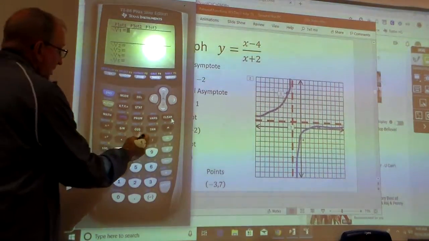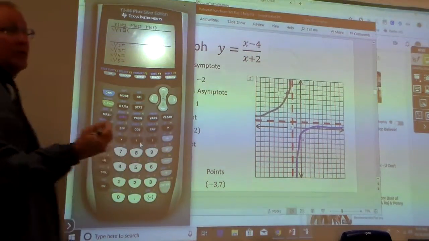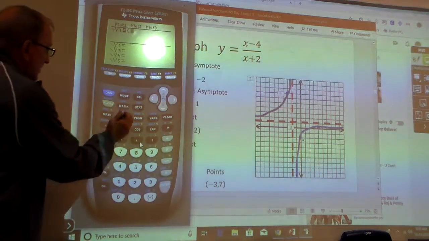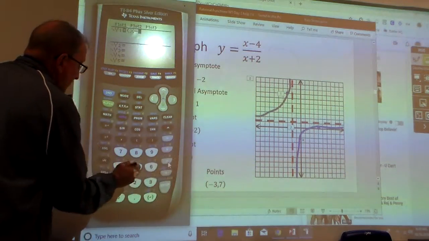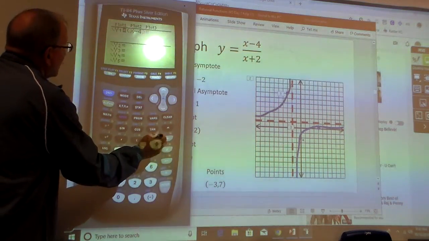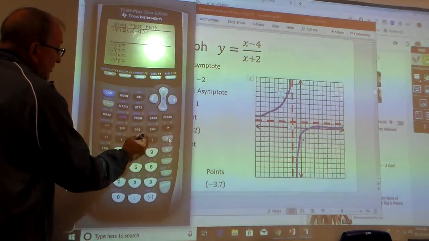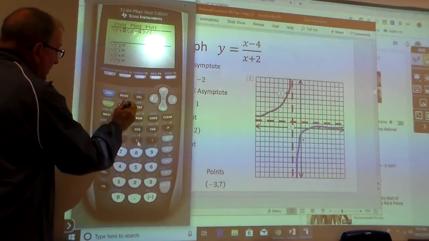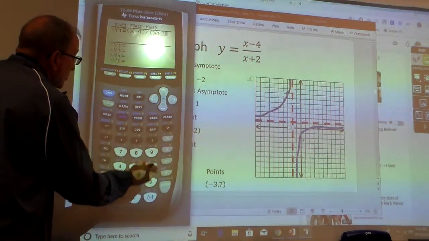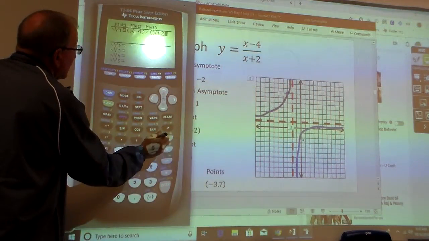All the numerator has to be in parentheses: x minus 4, close the parentheses, divided by, and all the denominator in parentheses: x plus 2, and close the parentheses.